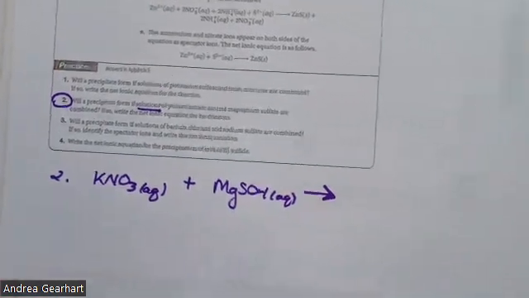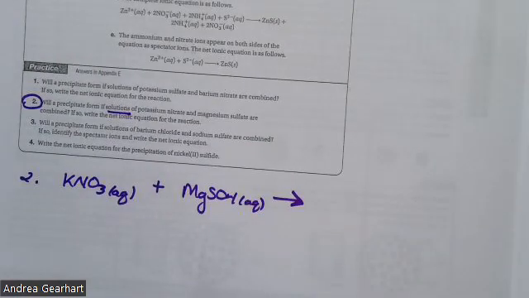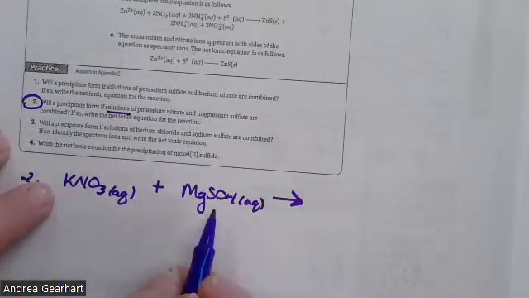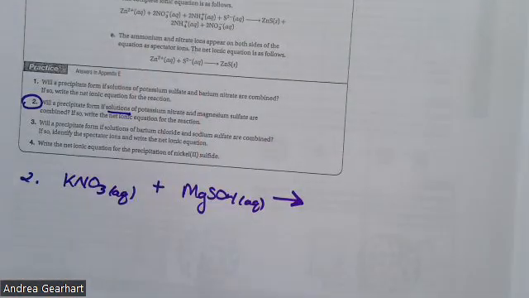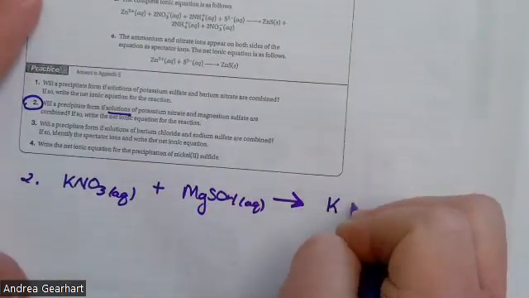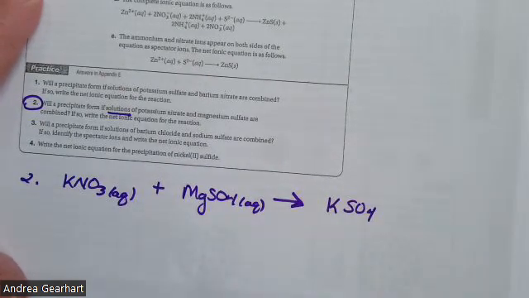All right. Ellie, what kind of reaction will that be? And when I say kind of reaction, I mean the 5 categories we learned: combustion, single replacement, double replacement, decomposition, composition. Would it be double replacement? Absolutely. So potassium and magnesium will switch partners. So we'll get KSO4, plus 1 minus 2.